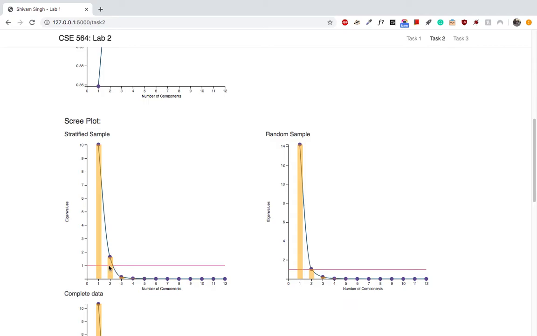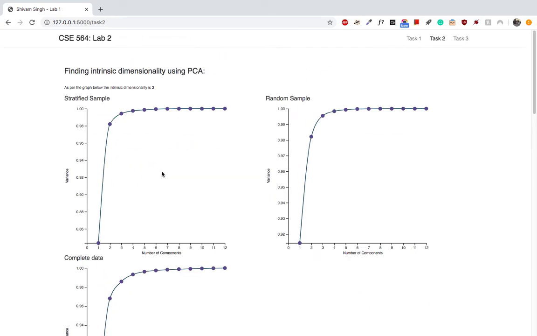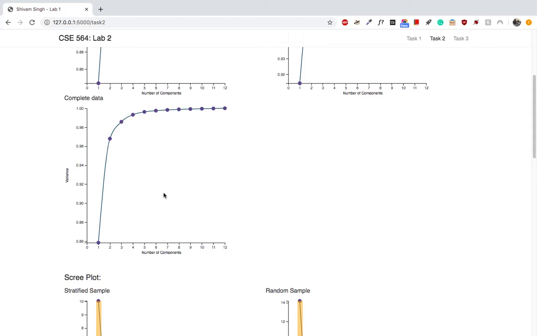So based on this, we can easily see that the optimal number of PCA components in our data set is 2. Both these graphs are plotted for both kinds of sampling that we have as well as the complete data set.